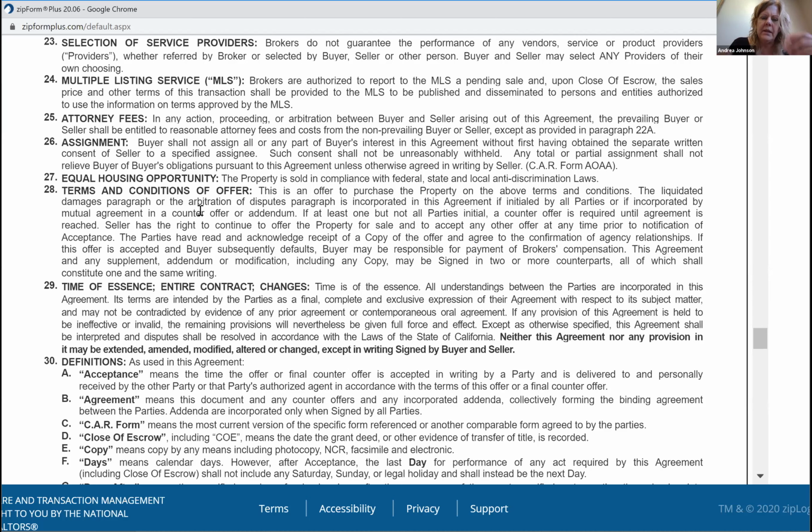But that consent shall not be unreasonably withheld. But any total or partial assignment shall not relieve the buyer of buyer's obligations pursuant to this agreement.